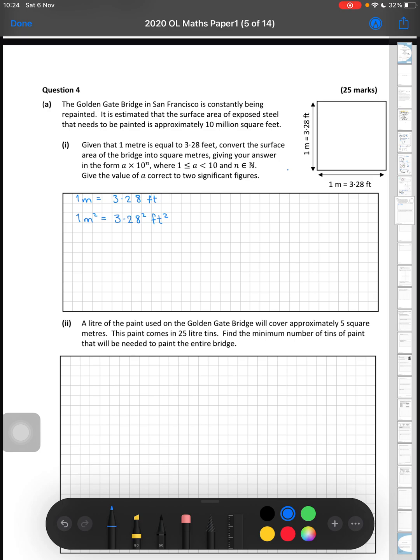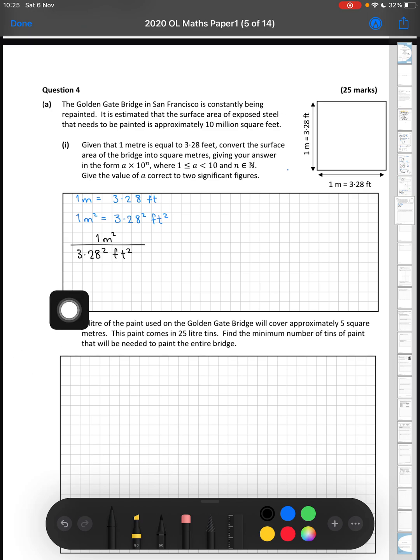It says convert the surface area of the bridge into square meters, and we're just using that it's 10 million. So we said when we are converting units, we put the unit that we've been given the amount in, here square feet, in the denominator of our conversion.